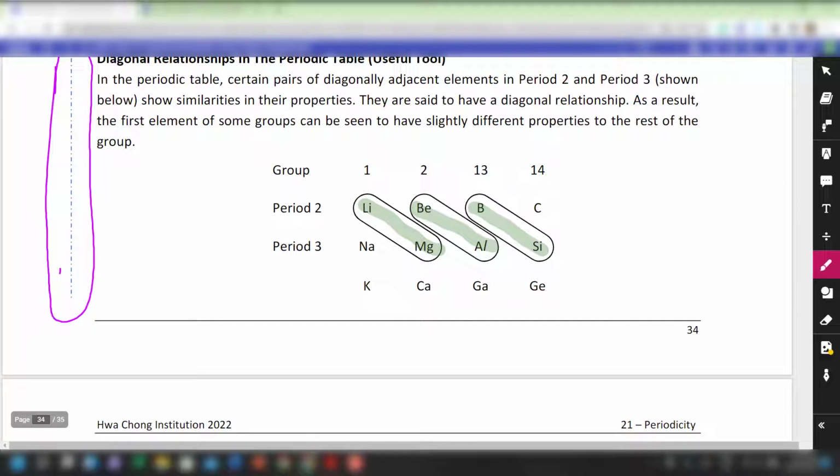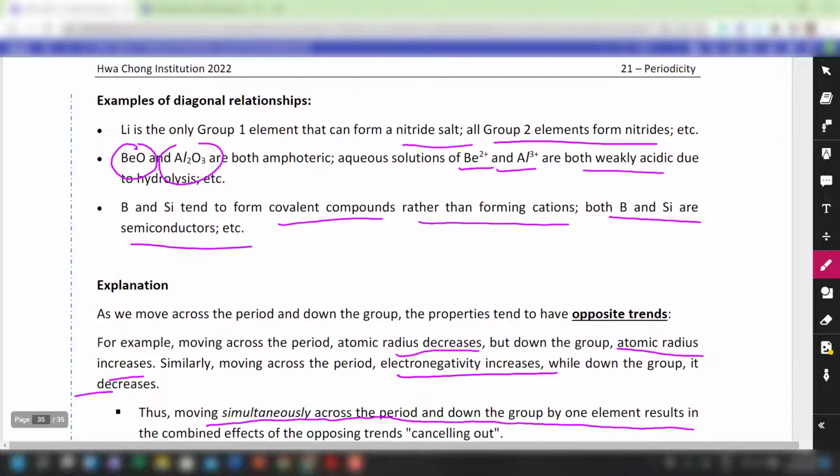Please do not extrapolate to other pairs, because generally the first member of each group is what we call a representative element, and they tend to have interesting and unique characteristics. They are quite different from the rest of the elements. If you are interested in that, please pick up an inorganic chemistry textbook and read more.